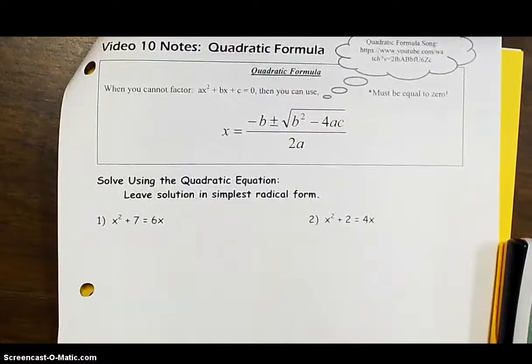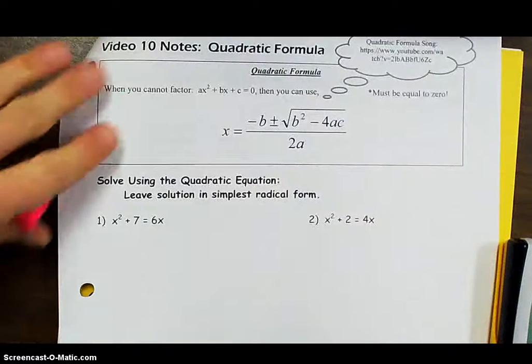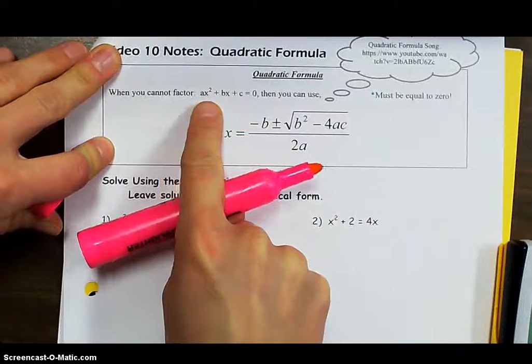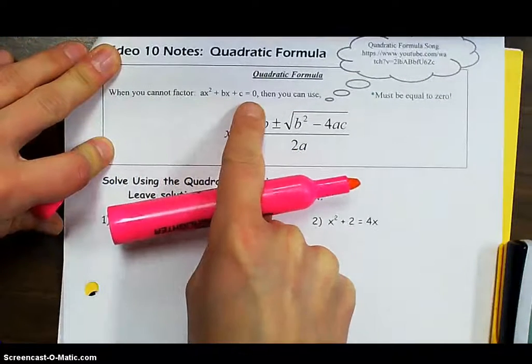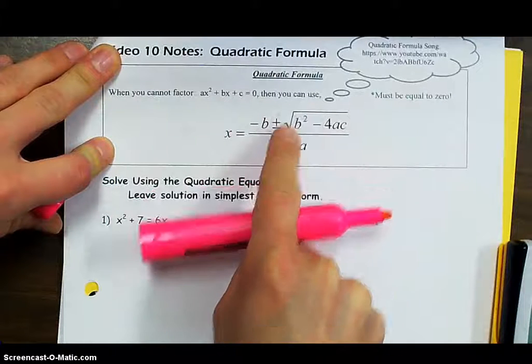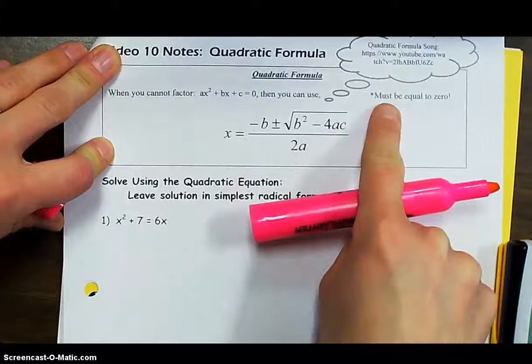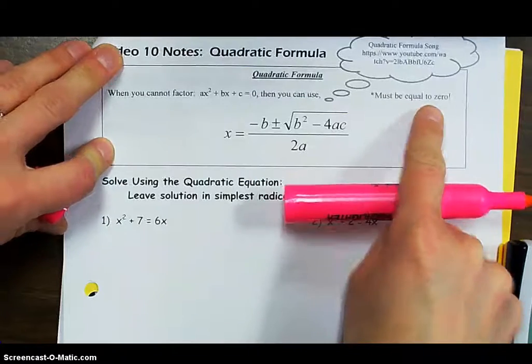Well, what is the quadratic equation, or in other words, the quadratic formula? Well, here it is. The quadratic formula. When you cannot factor ax squared plus bx plus c equals 0, then you can use this formula right here. Now, in order to use it, you must have the equation equal to 0.